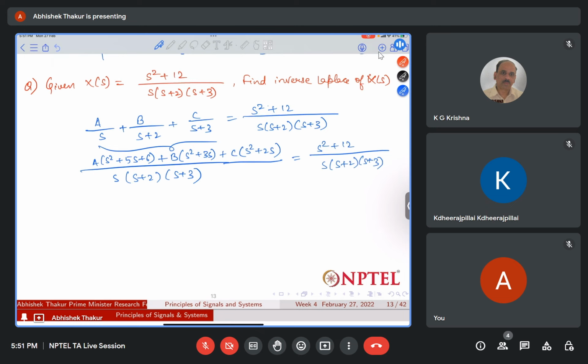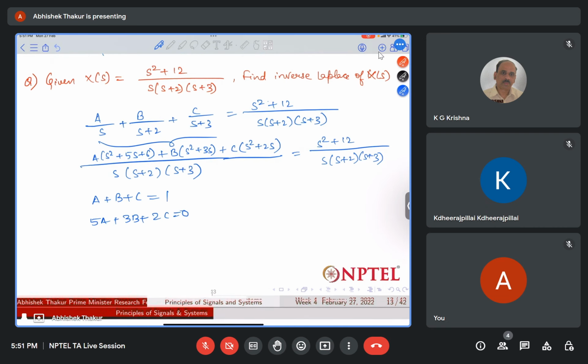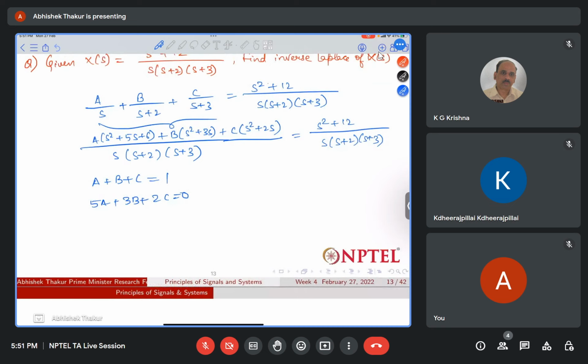Now the coefficient of s squared is 1 on the right hand side, so on the left hand side a plus b plus c is equal to 1. For s, that is 0, so 5a plus 3b plus 2c is equal to 0. And for the constant term, 6a is equal to 12, so a is equal to 2 here.